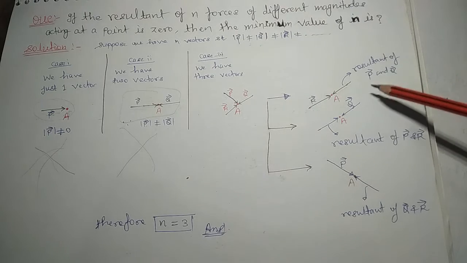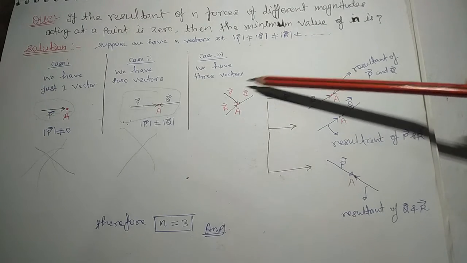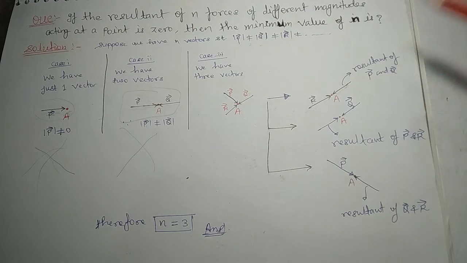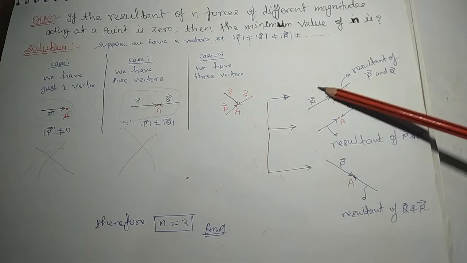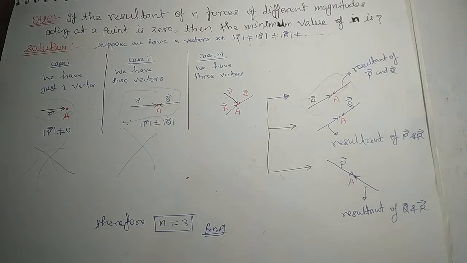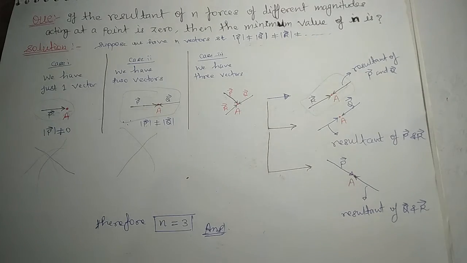In this case, this is the resultant of force p and force q, and it is equal and opposite to force r. So there may be a case that the resultant at point A is equal to 0.